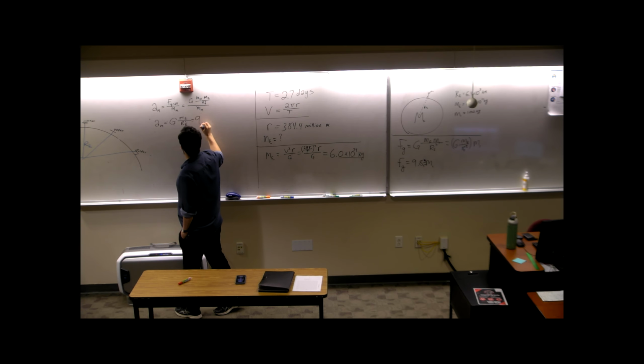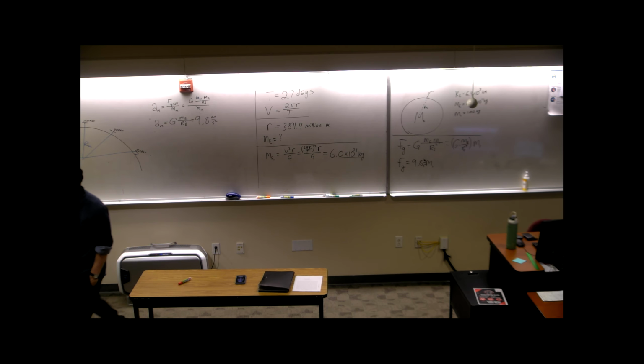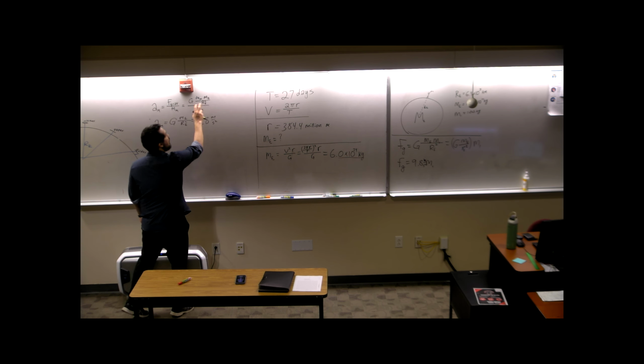We just calculated that out to be 9.8 meters per second squared. This is the derivation for why the acceleration of a falling object is constant near the Earth's surface. It does not depend on the mass, because the mass cancels out with the mass that is inside of this gravitational constant.